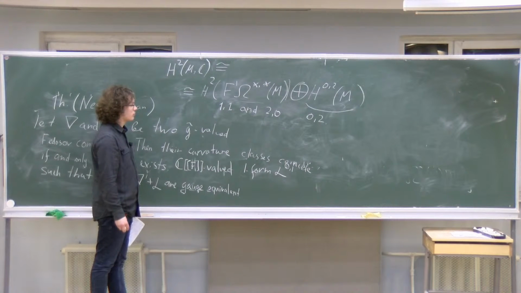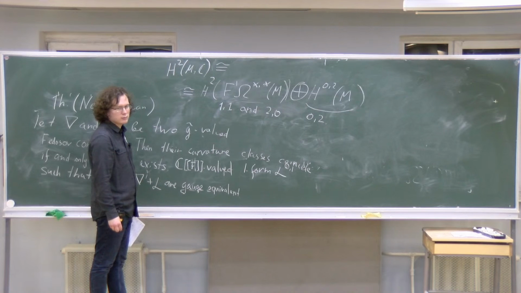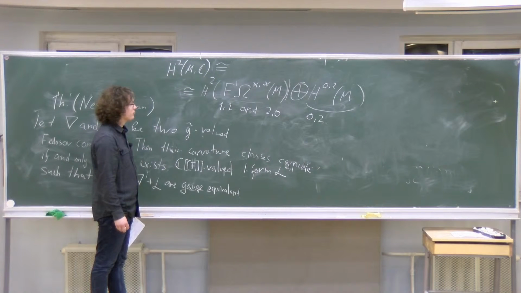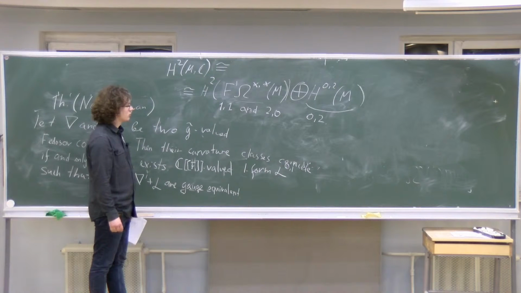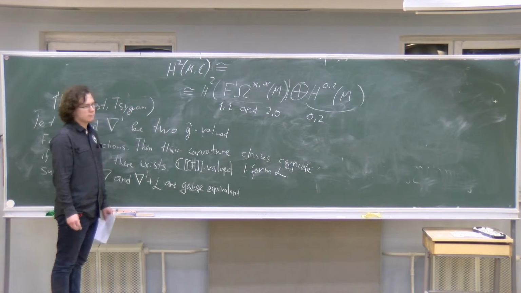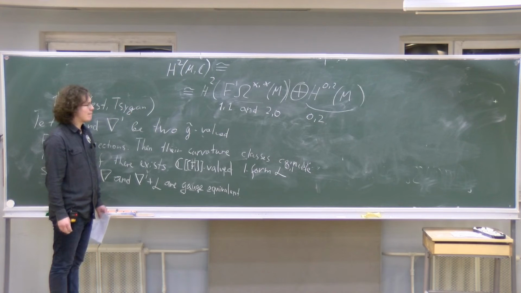In case you know what sheaf cohomology is, then you can think about these summands in this splitting as sheaf cohomology. The 0, 2, 2, 0, and 1, 1 parts in differential forms are three well-defined sheaves on the manifold.